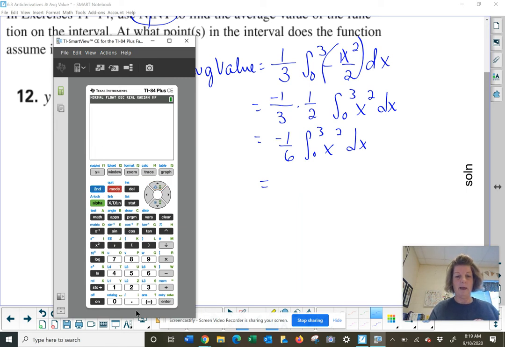And I want to have negative 1 divided by 6 of the integral. Remember, for integrals, you can do alpha, window, option 4. And our bounds are 0 to 3. Oops, where did it go?